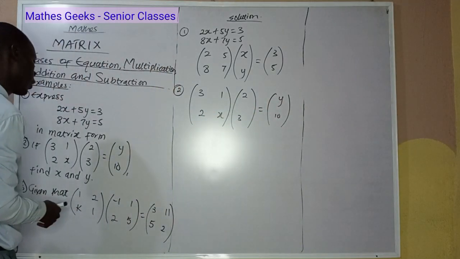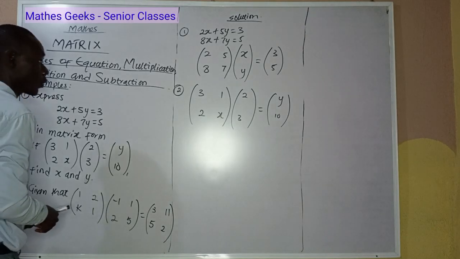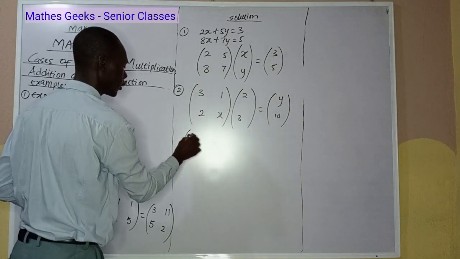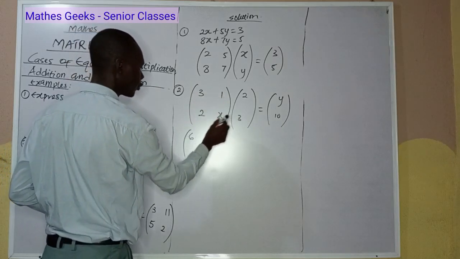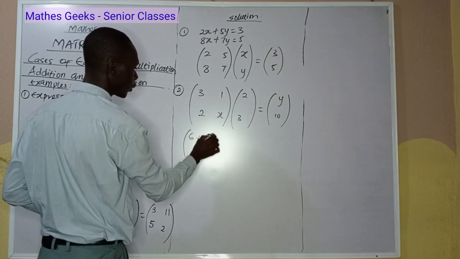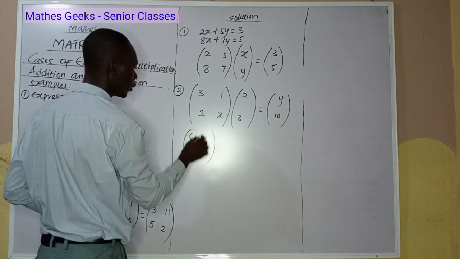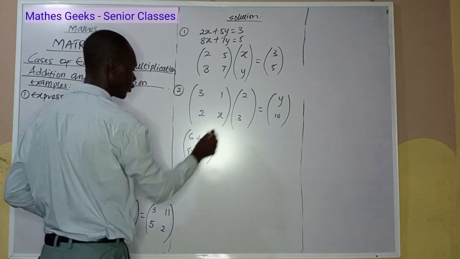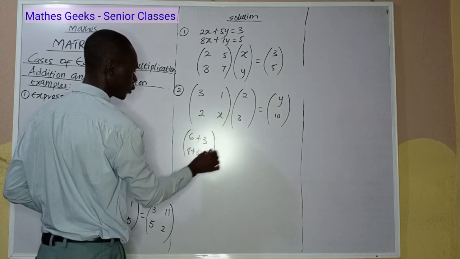You should look for the value of x and y. So let's multiply: 2 times 2 gives us 6, and 1 times 3 gives us plus 3, which equals 2 times 2 is 4 plus x times 3, plus 3x.